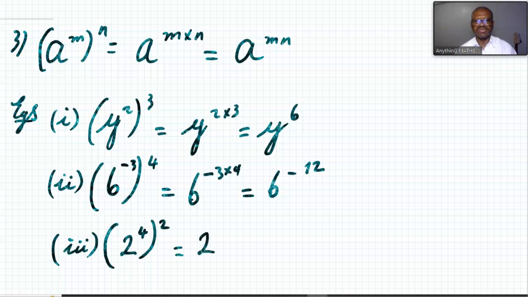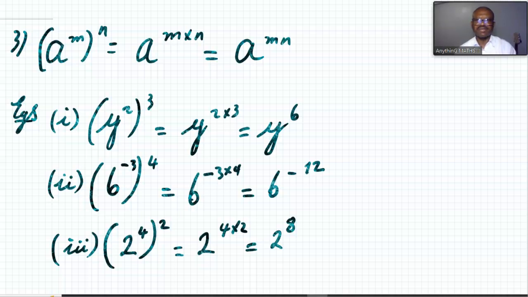We're going to have 2 raised to the power 4 times 2. 4 times 2 will give us 8. So it's going to be 2 raised to the power 8. This is how we can implement the third law of indices.